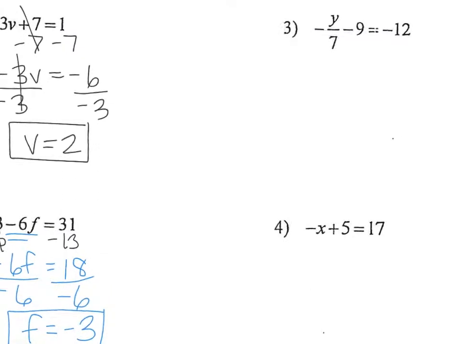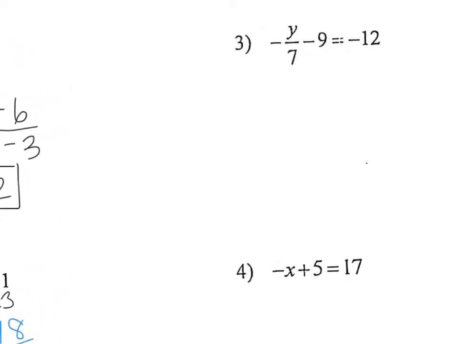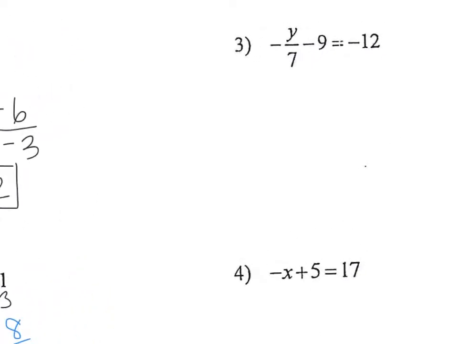And then number 3, to solve for y, you're going to add 9 first. This cancels out. I'm going to rewrite this with a negative on the bottom. This negative can either be on the top, in the middle, or on the bottom.